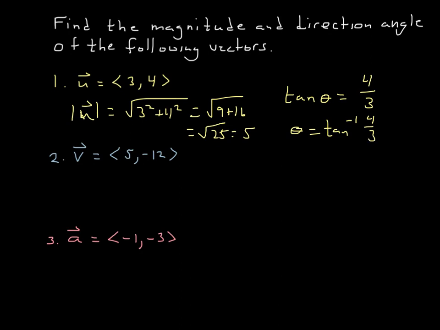Because the vector u happens to be in the first quadrant, we're not going to have any problem. I can just pull up my calculator and do the inverse tangent of 4 divided by 3, remembering to put it into degree mode. I get 53.13 degrees. So my direction angle in this case is 53.13 degrees.